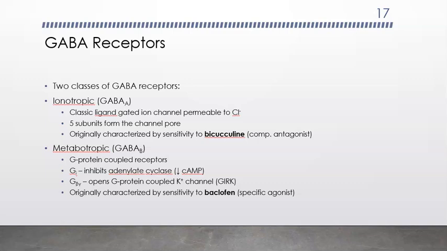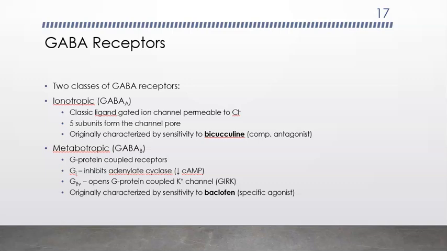There are two classes of GABA receptors. I'm sure you can guess, but one class is ionotropic receptors, and then we've also got metabotropic receptors. So the ionotropic receptors we call GABAa receptors, and metabotropic receptors we call GABAb receptors.